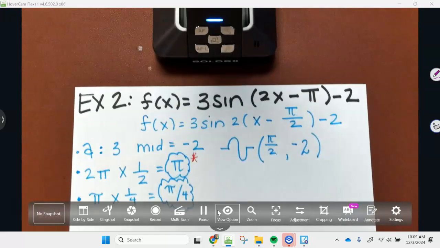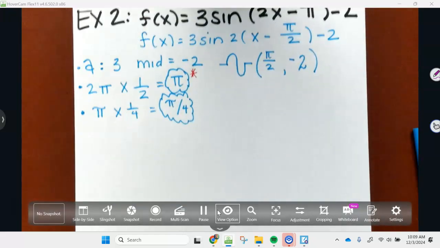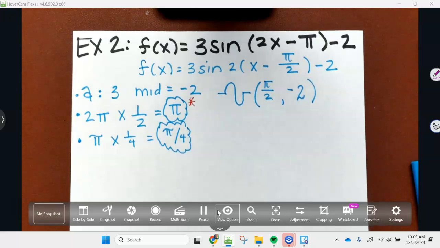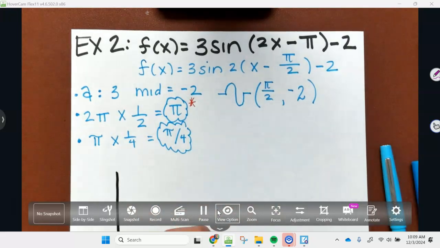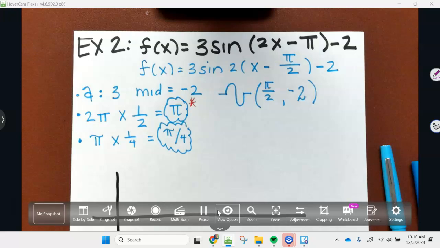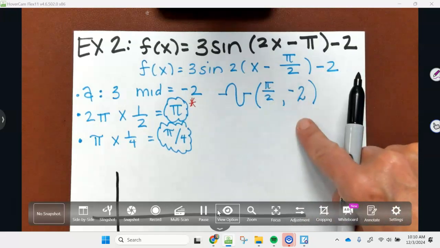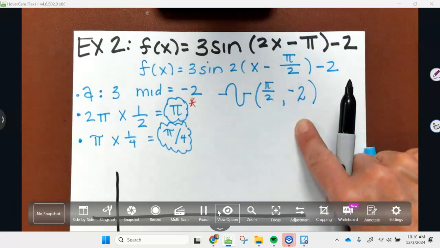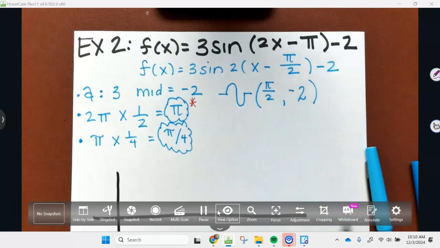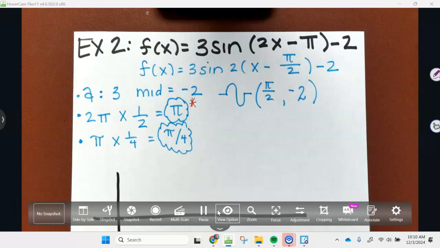All right. Let's start knocking out this graph. So I am going to draw an x and y axis right here. I noticed that this started out in quadrant 4 and it's moving to the right, so I saved some room for quadrant 4 right here. Again, we know that the midline is going to be negative 2.